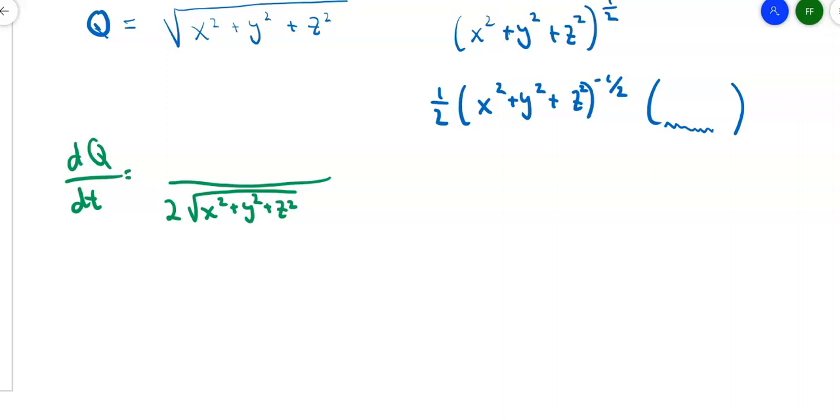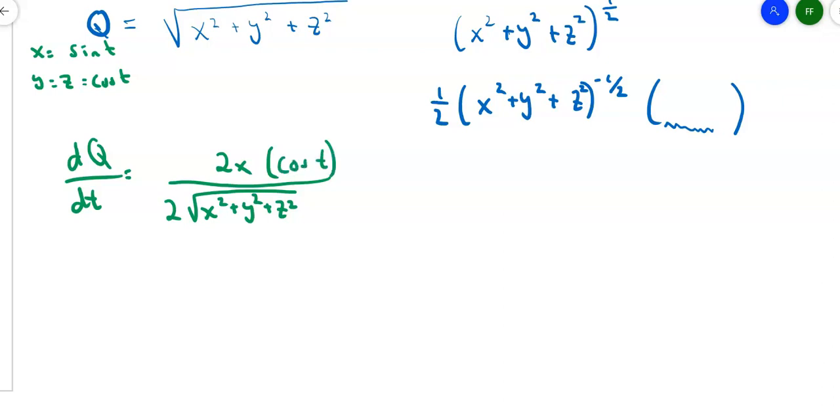Well, with respect to x, the y squared and the z squared just become constants, and I get 2x. Now multiply that times the derivative of x with respect to t. If you go back to the original problem, x was sine t, and y and z were the cosine of t. So if I derive sine, I'm going to get negative cosine. No, I'm going to get regular cosine. What am I doing? Cosine of t.